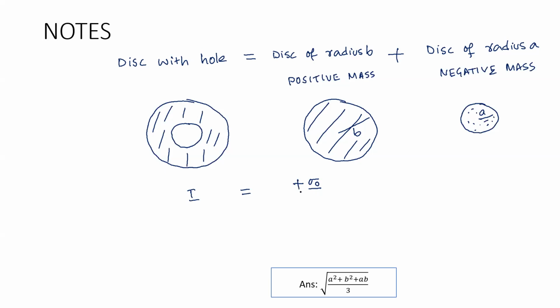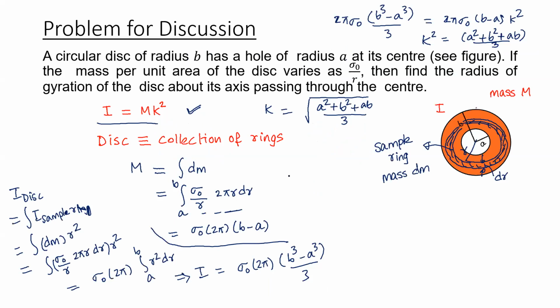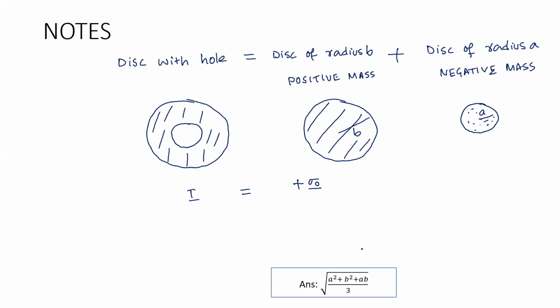When I get the mass, I'll integrate from 0 because I'm assuming a complete disk. So 2 pi r dr, I will integrate from 0 to b. So what do I get here? I get 2 pi sigma naught. Instead of b minus a, what will I get? I'll get just b. So this is what we're going to use here.